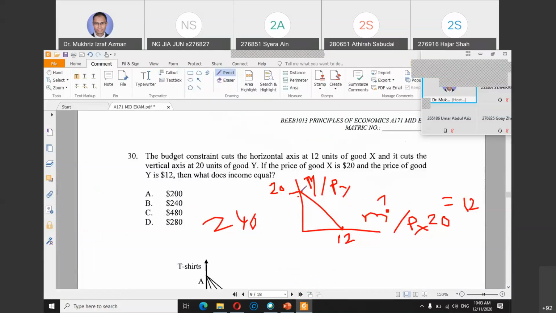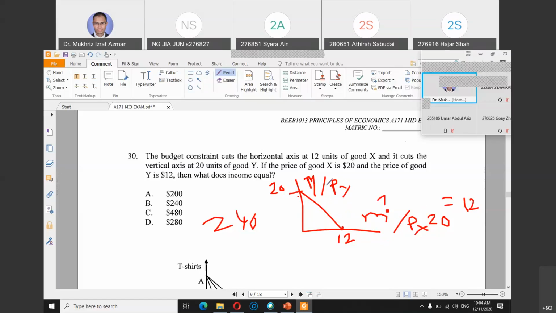How do you get it if you were to spend all of your money on Y, or all of your money on X? At this point you consume 0 Y and all of X. Here you consume all of Y and 0 of X.